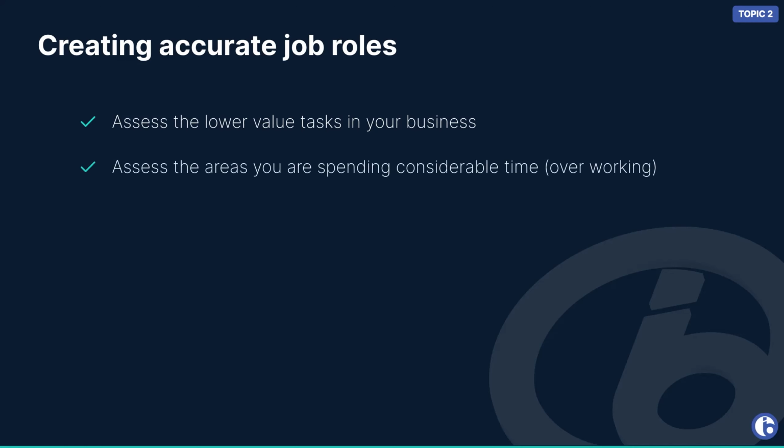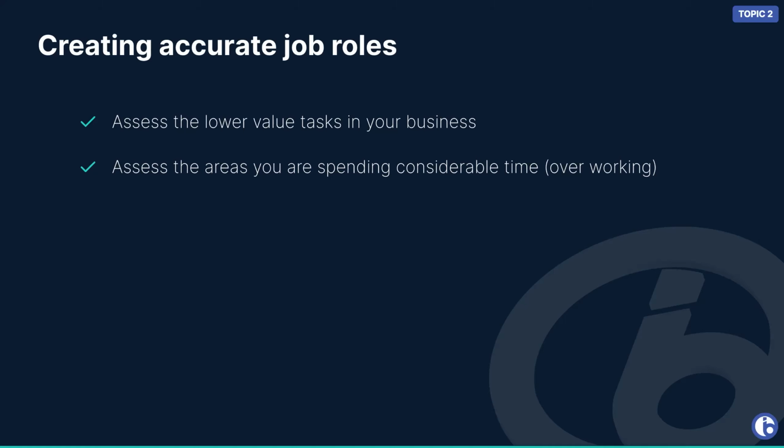So the second thing you can do then is assess the areas you are spending considerable time on. The two main reasons that anybody outsources is, number one, because we're spending way too much time. We're working 16-hour days, 12-hour days, or even 10 to 8-hour days, if we consider that too much, because we have families, because we have other things we'd like to do, because we want to automate and make our business more efficient.